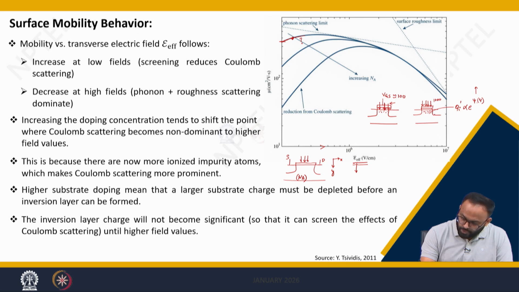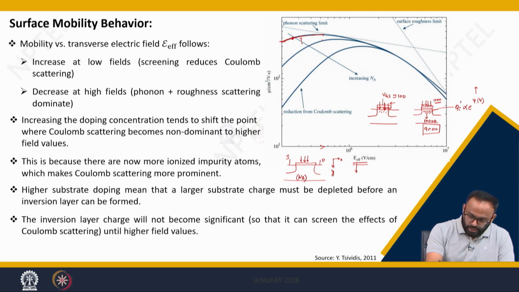Now consider you have 10,000 inversion electrons. The field lines emanating from the gate, 1000 in number, terminate at 1000 electrons in the channel. Now 9000 electrons will not face the difficulty of Coulomb scattering. Thus the inversion charge screens itself from the effect of Coulomb scattering, and hence the mobility increases.